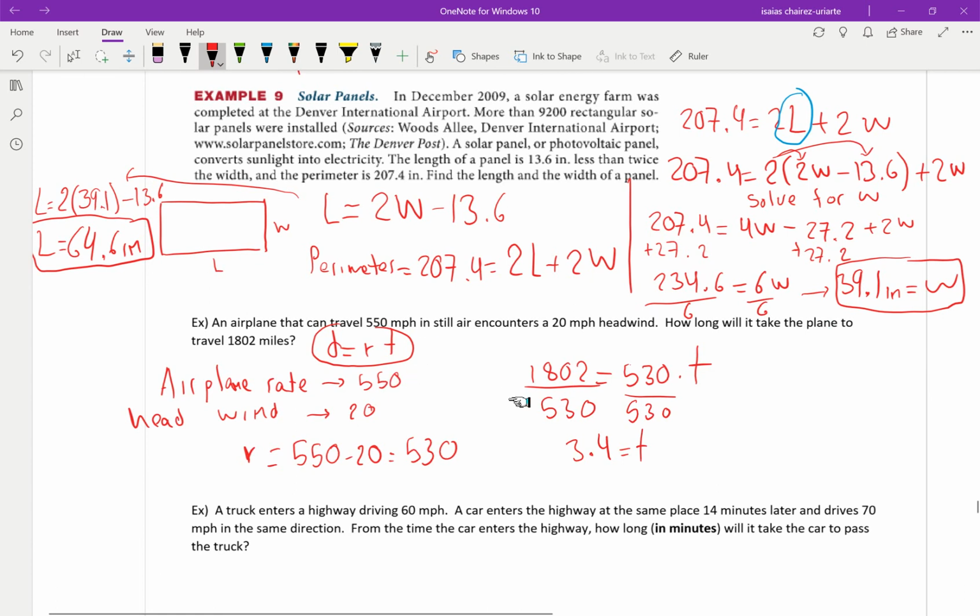So the unit of time there is hours. So this is referring to hours. And that is my answer. 3.4 hours. This plane is going to take 3.4 hours to travel 1,802 miles, given that there's a 20 mile per hour headwind going against it.